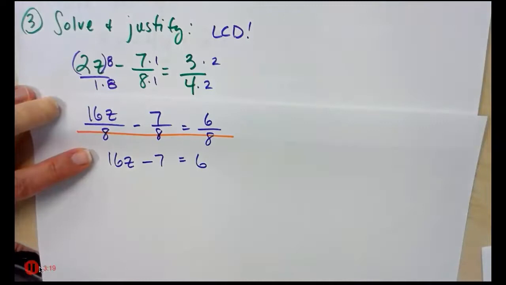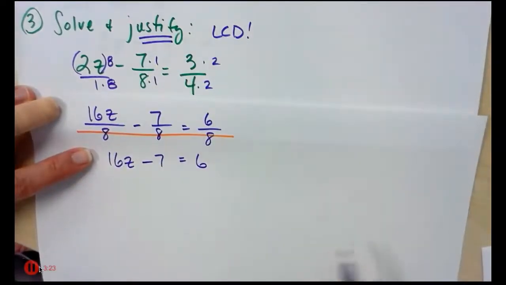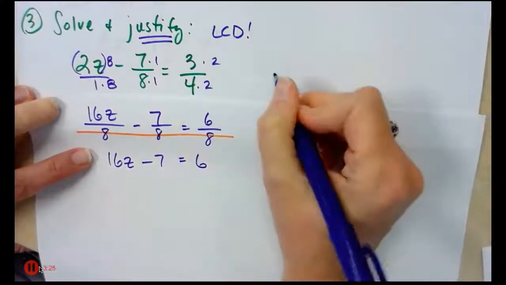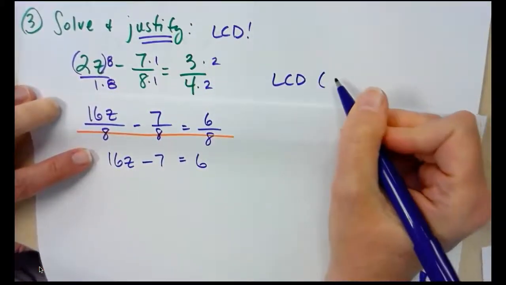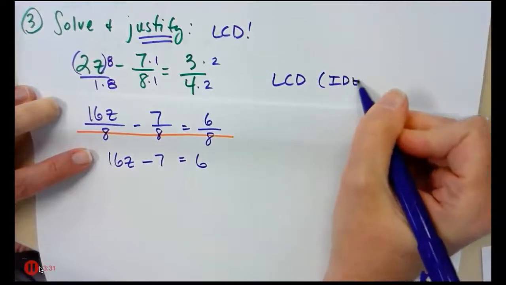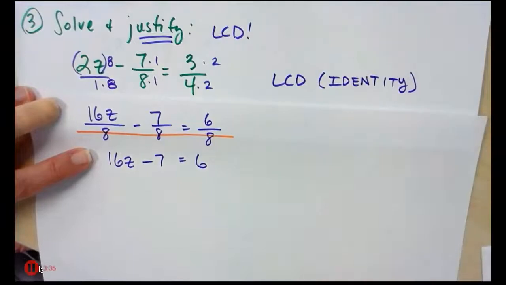So first of all, before we do anything else, let's go back and justify our steps. Here, you can just say we're getting a common denominator because really what we're doing here is we are using the identity. We're multiplying everything by a funny form of 1, getting a least common denominator.